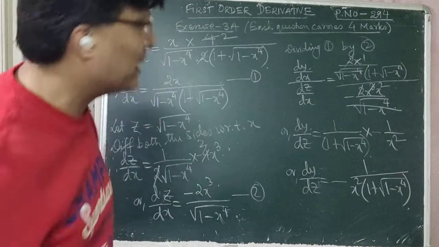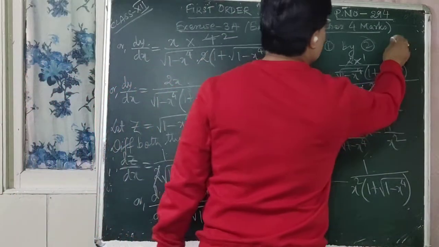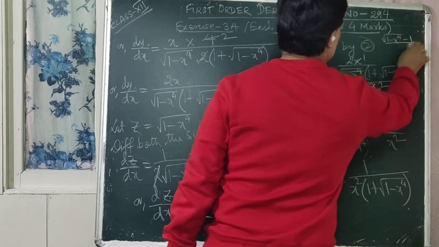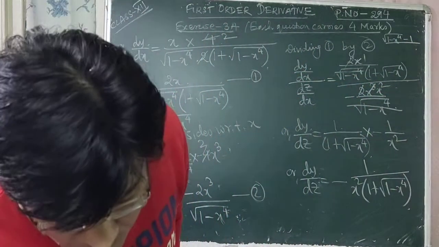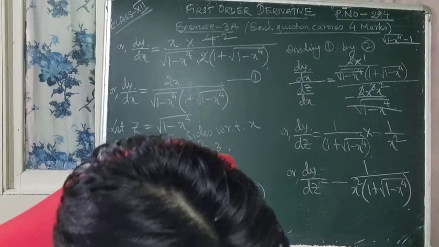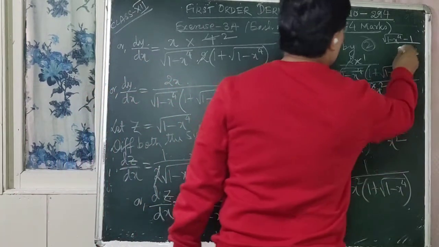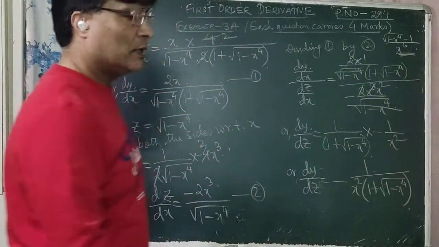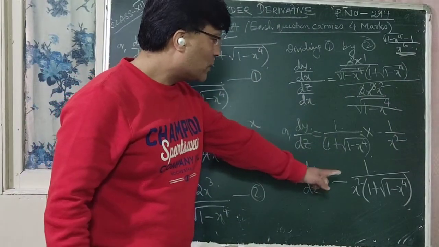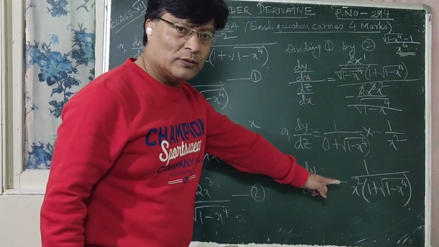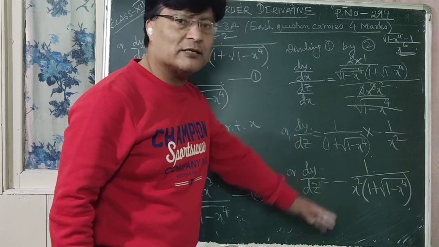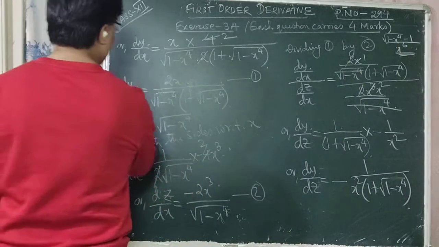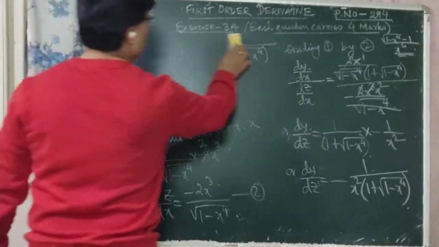You have to prove that root over 1 minus x to the power 4 minus 1 whole divided by x to the power 6. This is the required answer. You have to prove this. Okay? And now you can rationalize the denominator. Let us rationalize it.